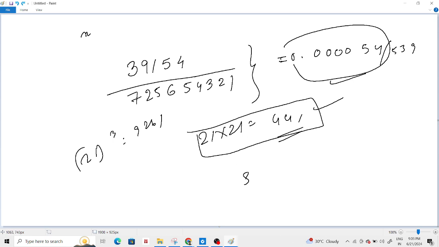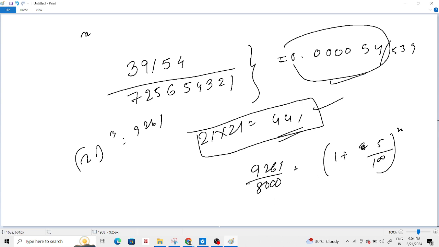On the left-hand side I get 9261 divided by 8000, and the rate is always 5%, and I need to find n.